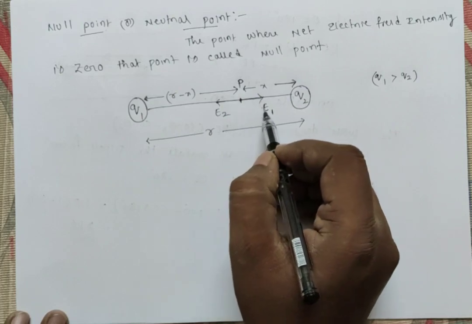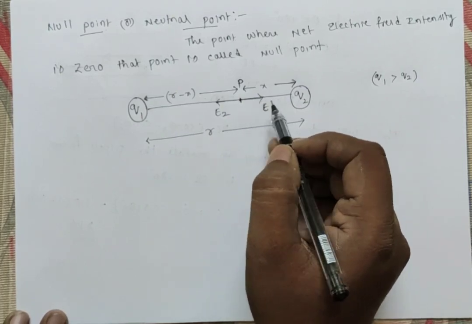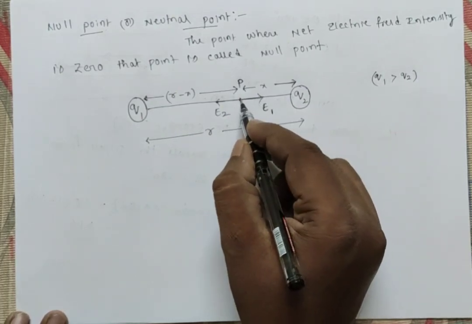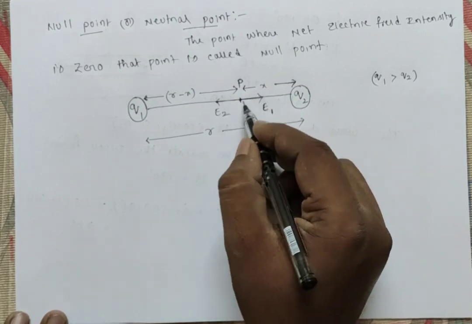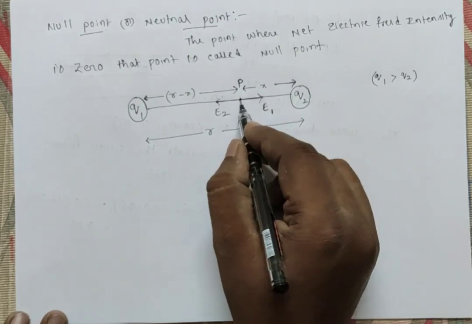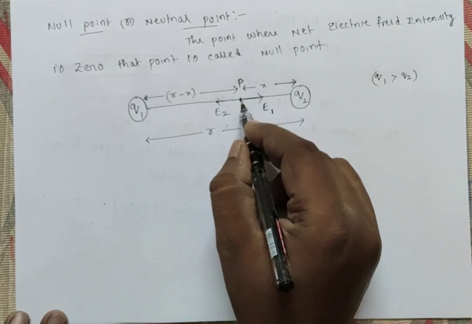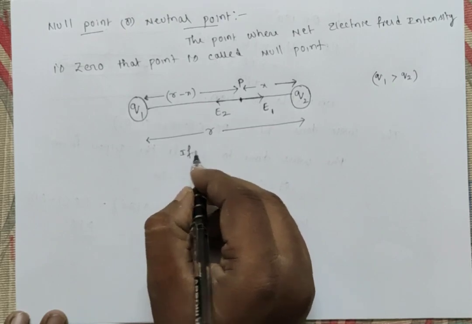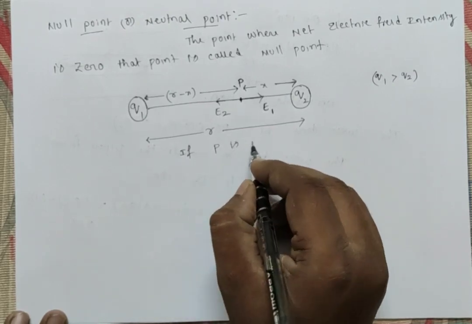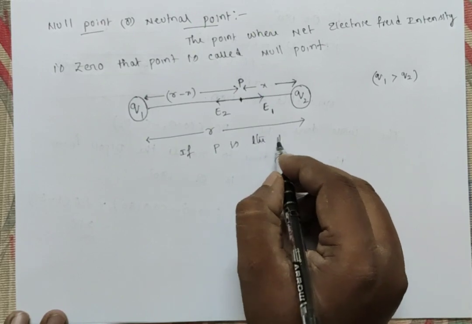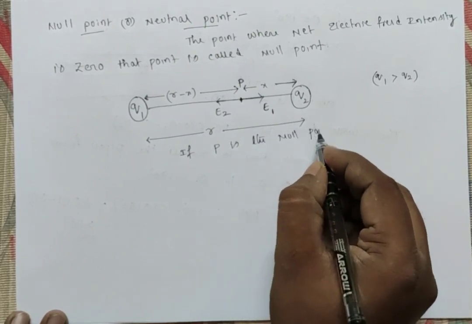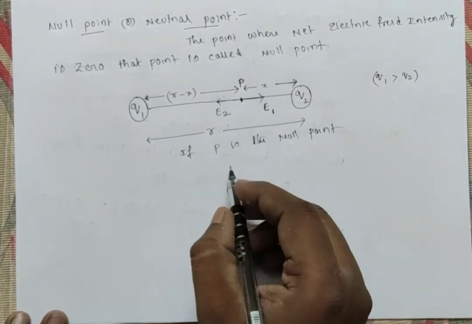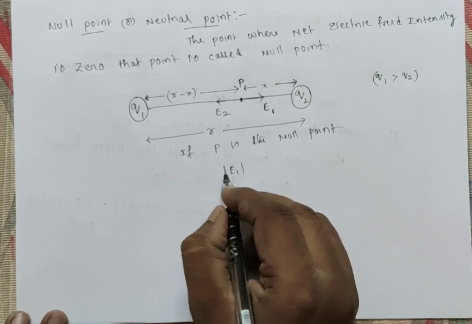If they are equal in magnitude, they are already opposite in direction, so these two electric fields will be cancelled and the net electric field becomes 0. This point we call a null point or neutral point. So if P is a null point, these magnitudes can be equal.